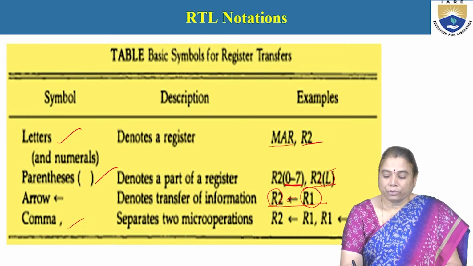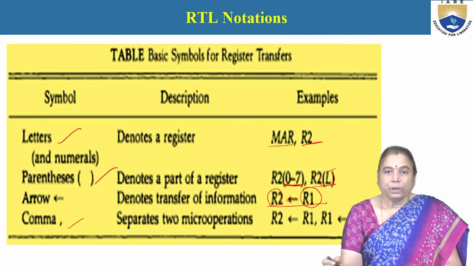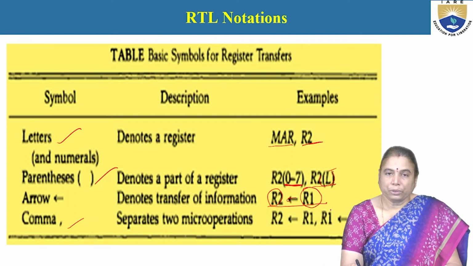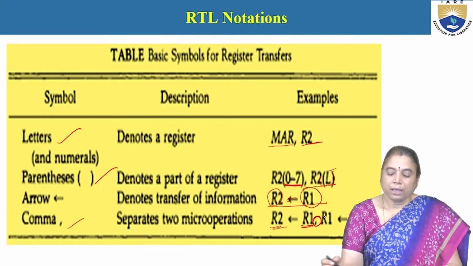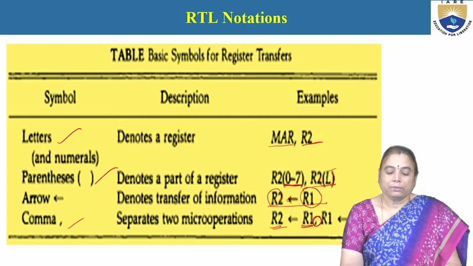The value stored in the register R2 is transferred to the register R1, and the value stored in the register R1 is transferred to the register R2. So these two micro operations can be separated with a comma here. So these are the four notations that can be used in the RTL.